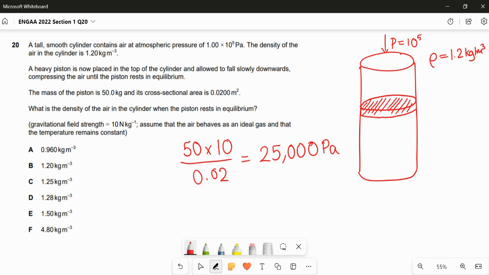What is the density of the air in the cylinder when the piston rests in equilibrium? Well, we can get that pressure times volume is a constant. And then, because we're not really using volume here, there should be another relation we can use.